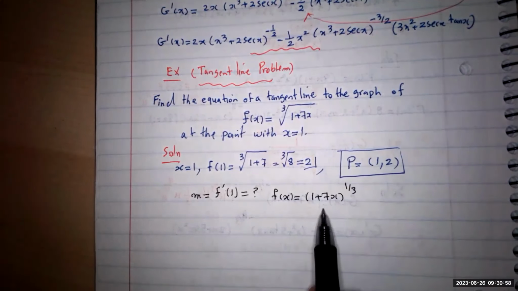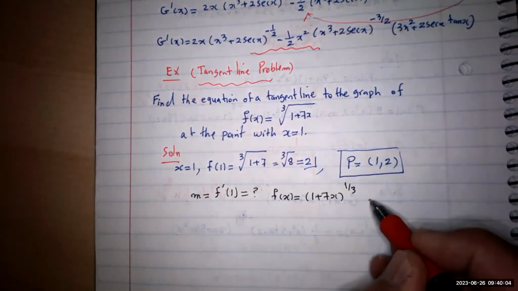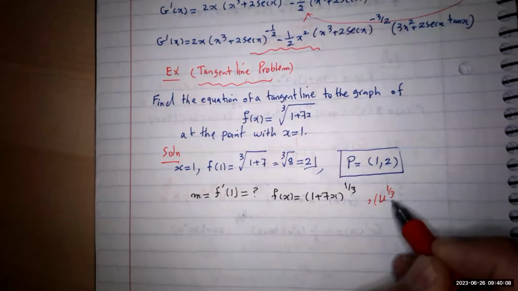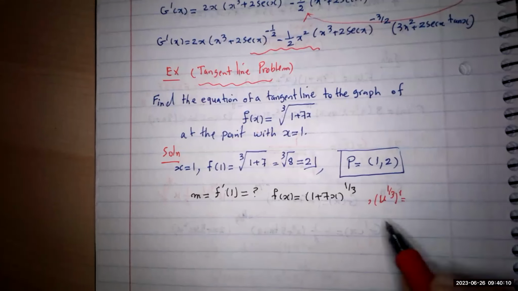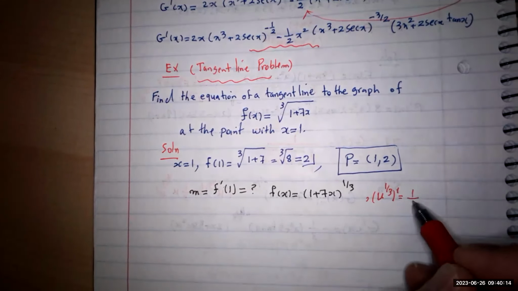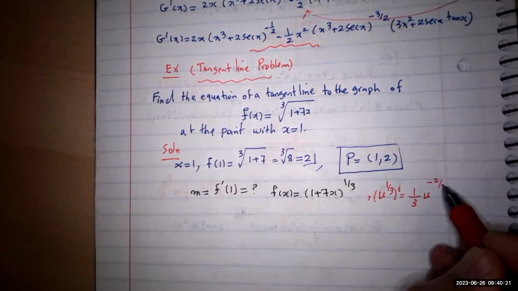We are going to differentiate it. We remind ourselves that it's like a u function, so remind yourself that you have u to the 1/3, and you want to find the derivative of u to the 1/3. So you bring the 1/3 down, it's going to be 1/3 u to the 1/3 minus 1, which is negative 2/3, times u prime.